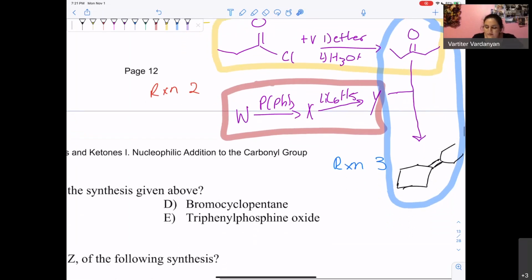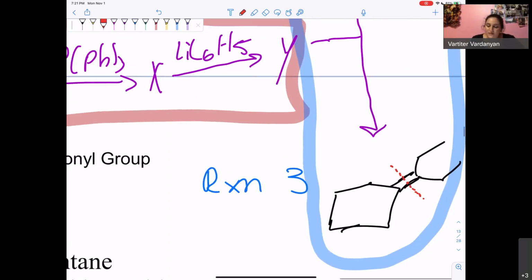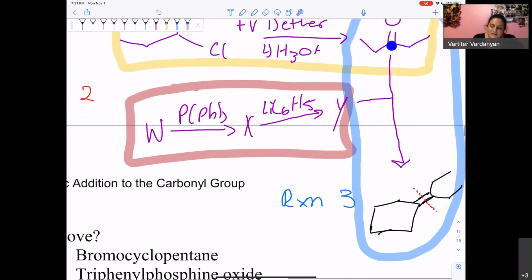So if we work backwards, we zoom in here, we can split this guy up into 2 pieces. One side had to come from the ylid, one side had to come from the ketone. And if we look at the ketone they give us, it's 2 ethyl groups. This side is clearly not 2 ethyl groups. This side is 2 ethyl groups. So we're going to say that this side came from the ketone.